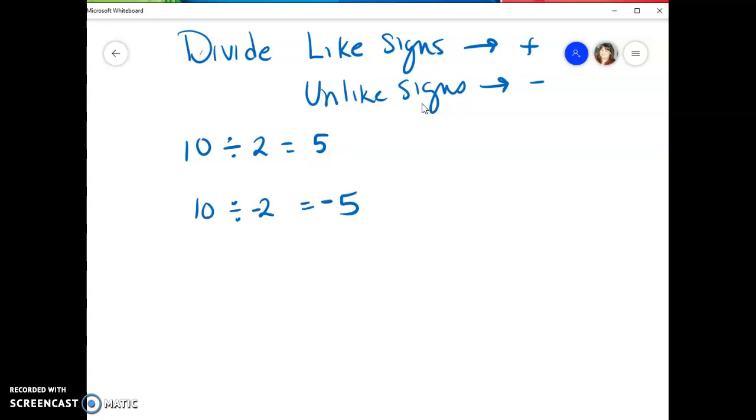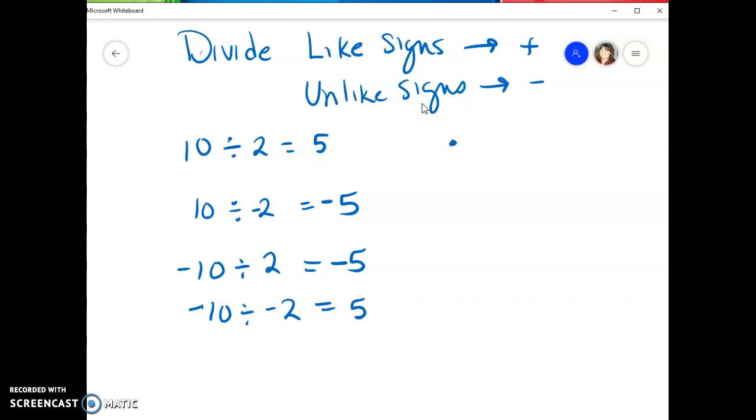Two unlike signs, negative 5. Negative 10 divided by positive 2. 10 divided by 2 is 5. Negative and positive result in a negative. And then if I had like signs, I end up with a positive 5.